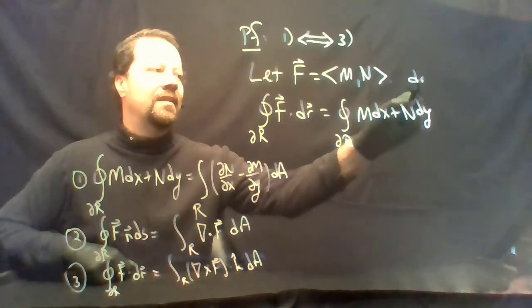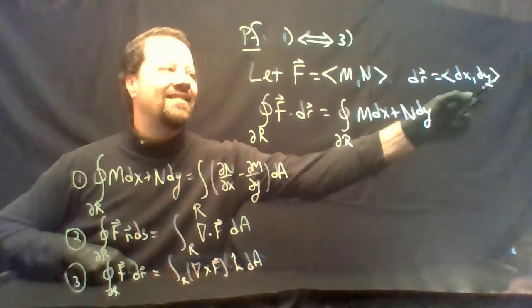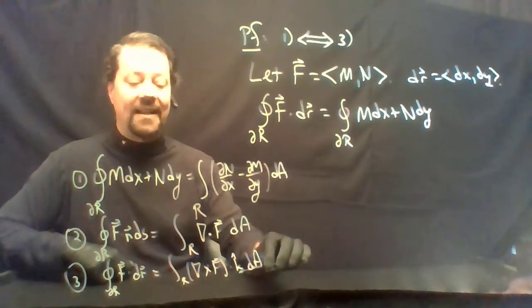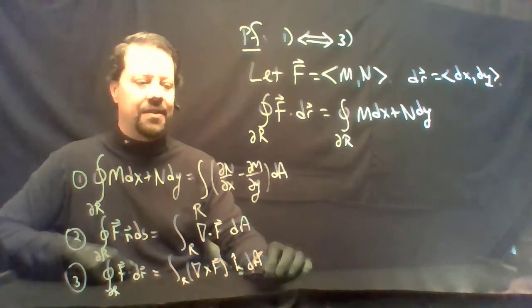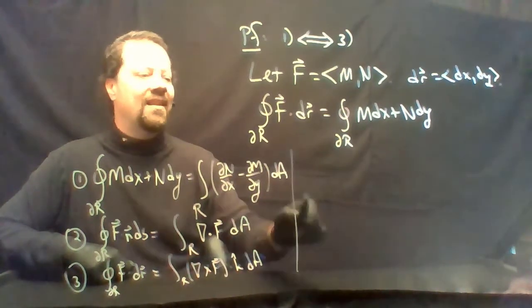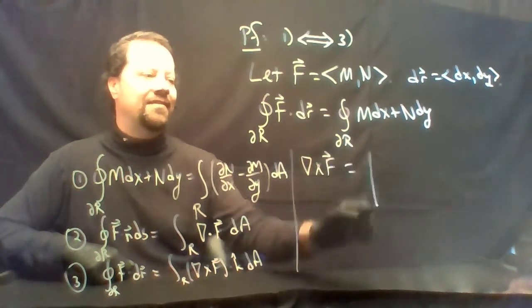After all, dr is dx dy. All we have to do is verify that the right-hand side of the third version corresponds to the right-hand side of the first version. To do that, we need to calculate the curl of our vector field.